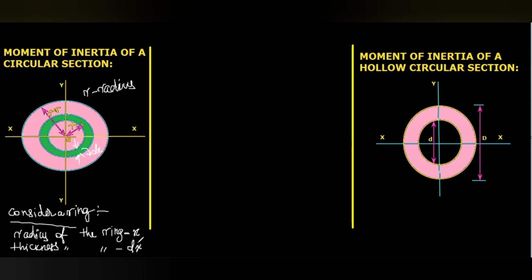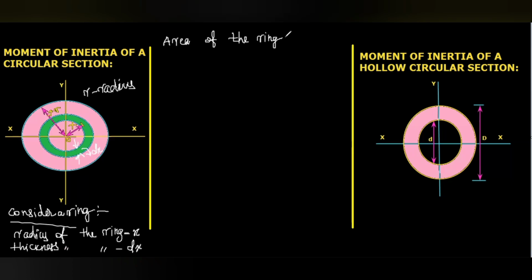Then we know that the area of the considered ring, dA, we can write as 2 pi x, that means 2 pi multiplied with the radius multiplied with the thickness. So it is 2 pi x dx.